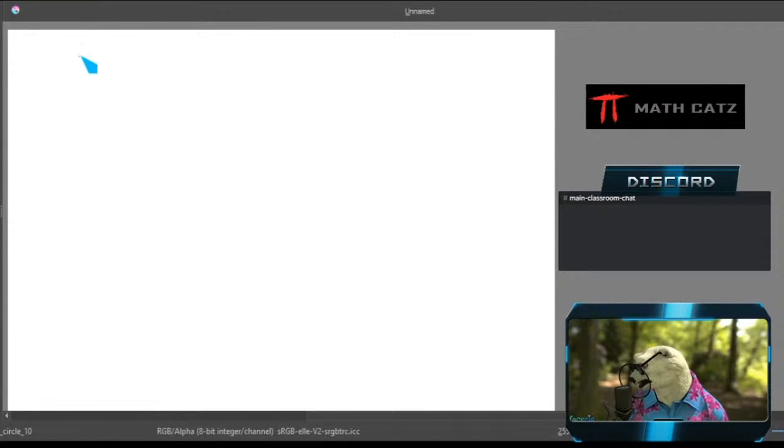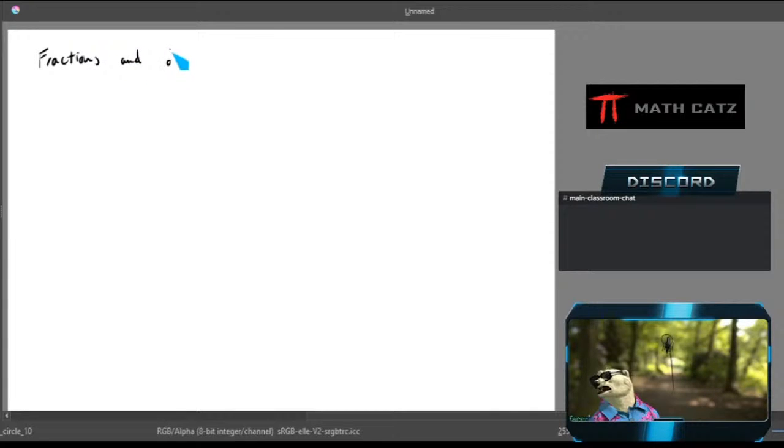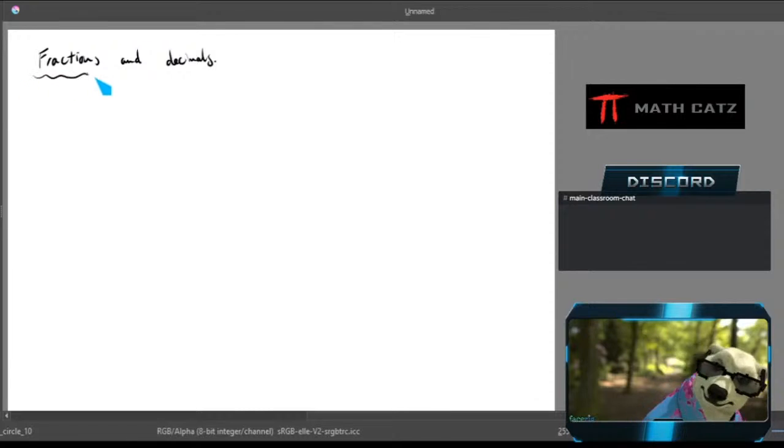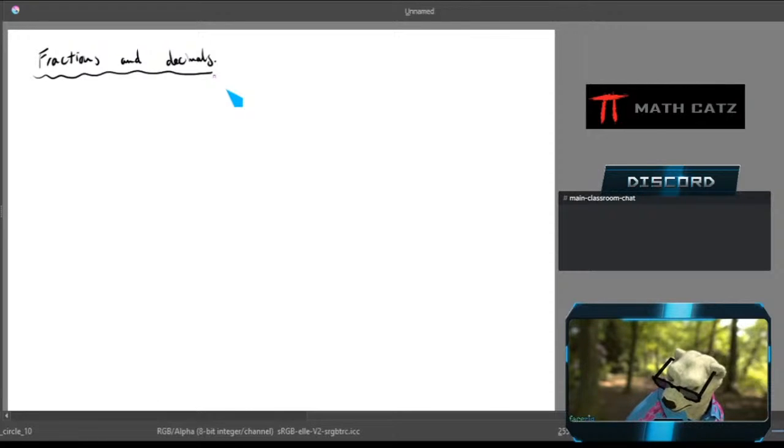Okay. So let's give this title: Fractions and Decimals. There is a more efficient way to represent fractions and look at fractions as we move from the leftmost basic intuitive side of understanding.